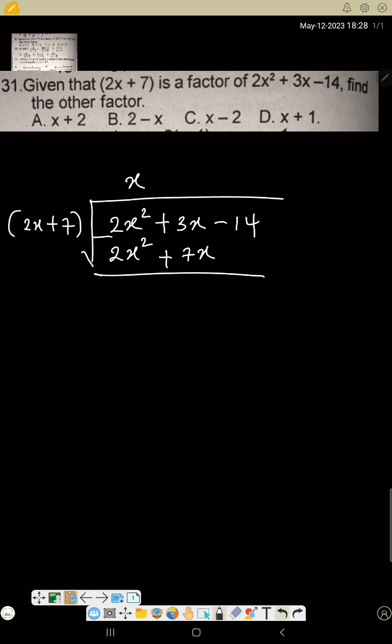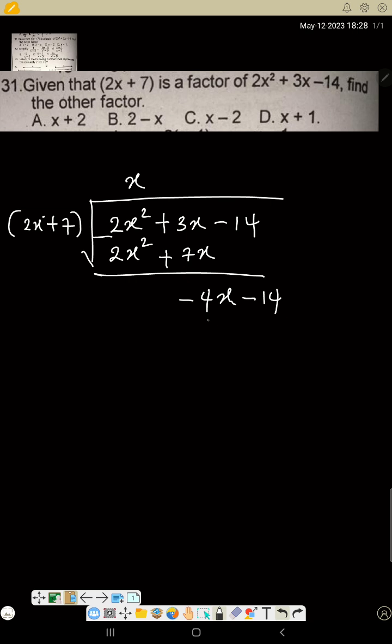Now subtract. So 2s squared minus 2s squared, 0. Again, 3s minus 7s. So 3 minus 7, that is minus 4s. Then bring this 14 down.